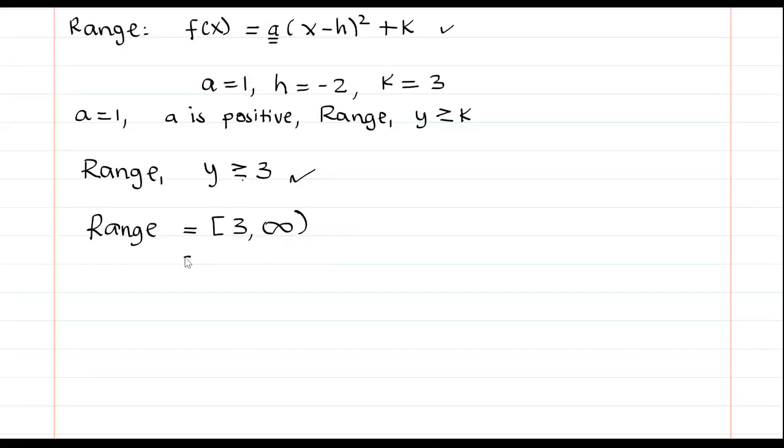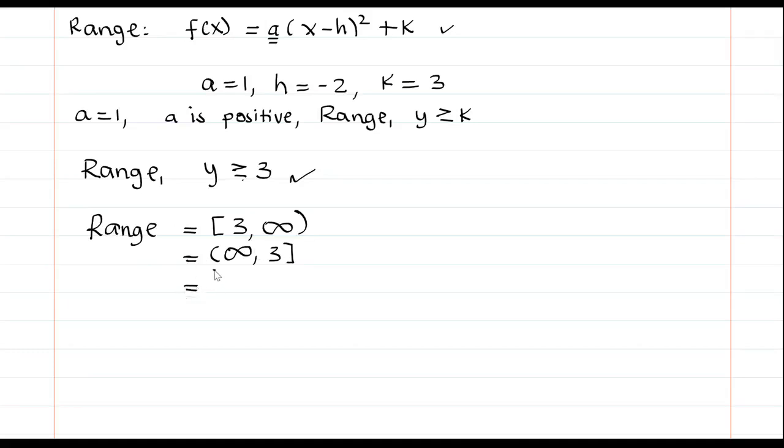Or someone can say that the range comes from positive infinity and then stops at 3, with 3 being inclusive. So the two formats are formats of the interval notation. What about in the set builder notation?